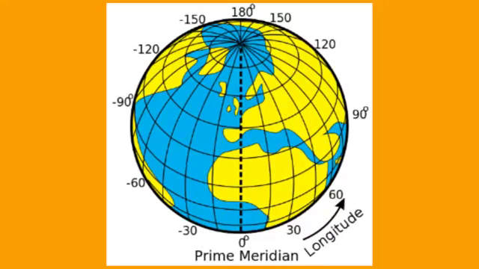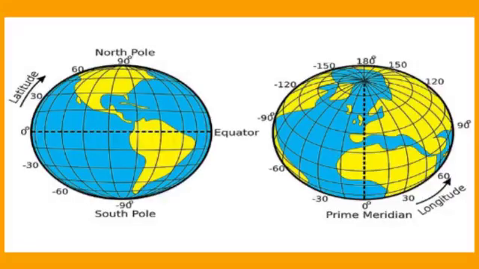The 180 degree east and 180 degree west longitudes meet and form a single line on the opposite side of the world called the 180 degree longitude or the international date line. Thus, the longitude of a place tells you how much east or west of the Greenwich meridian the place is located.